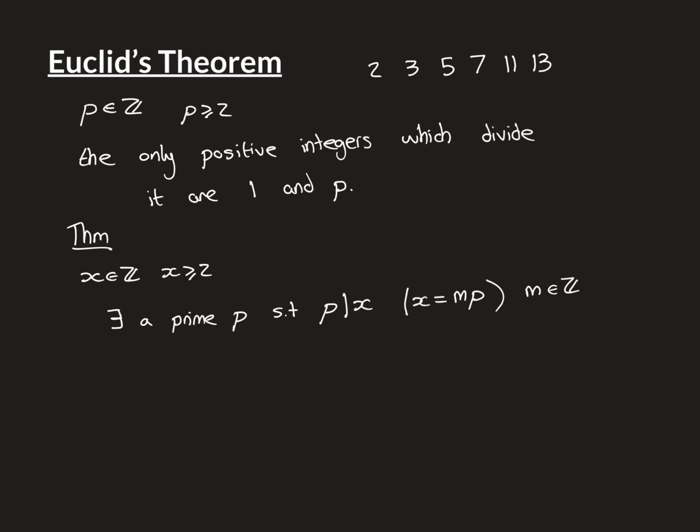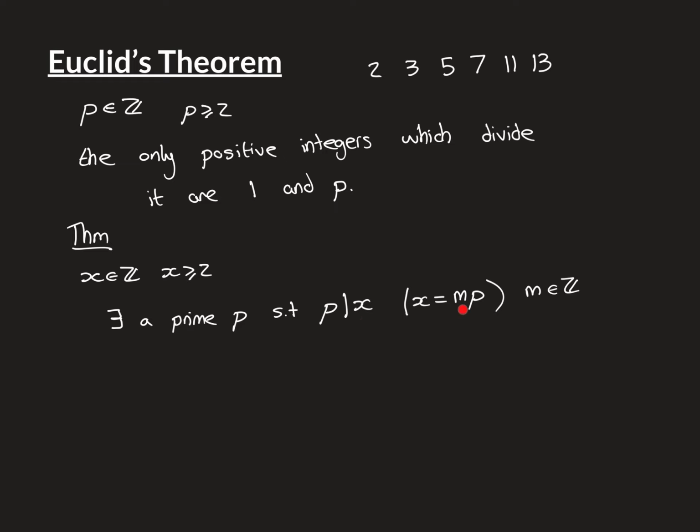So this theorem says that give me any positive integer x, and there must exist some prime number p such that that prime number divides your x. And we call this prime number a prime factor of x. So this is the theorem that all positive integers greater than or equal to 2 have a prime factor.